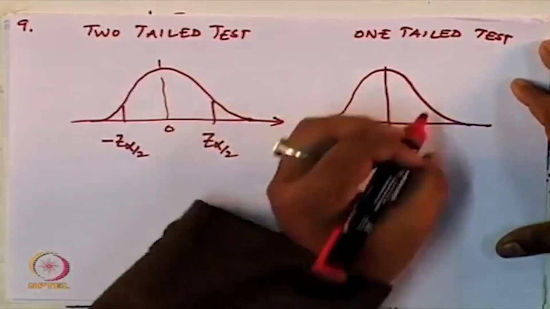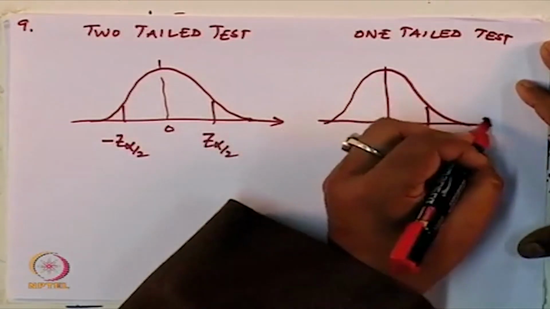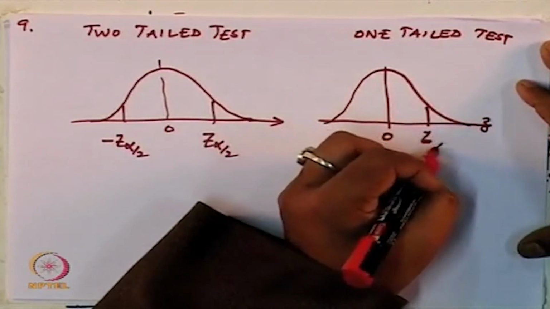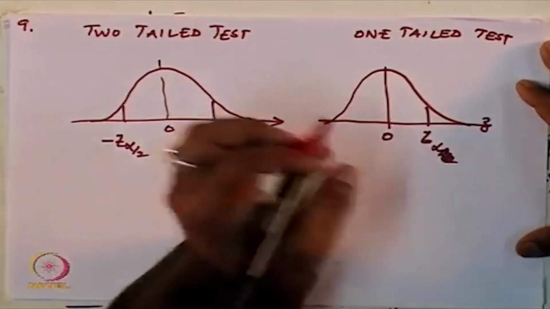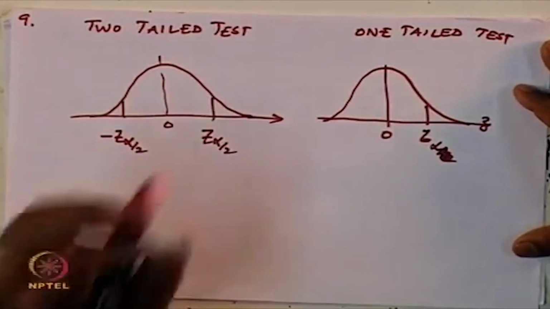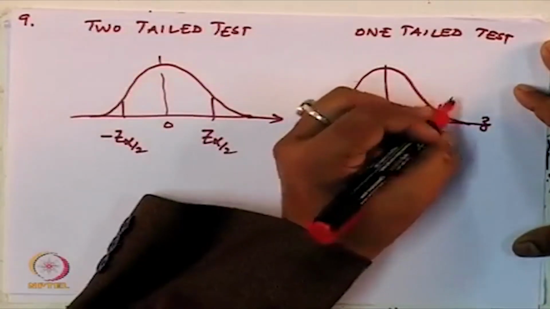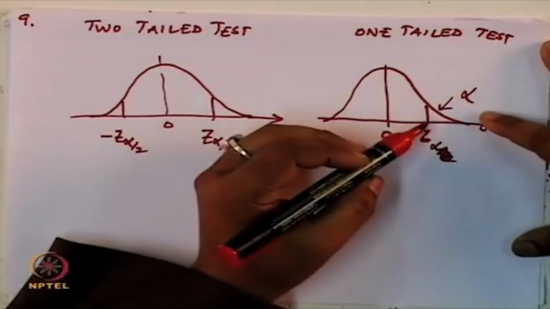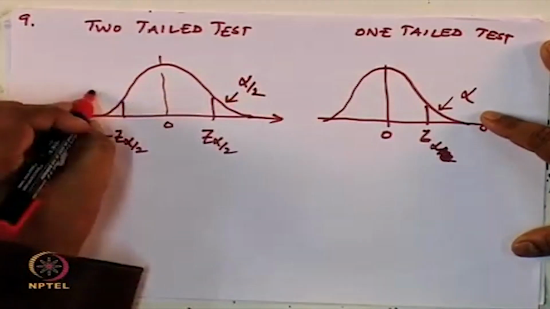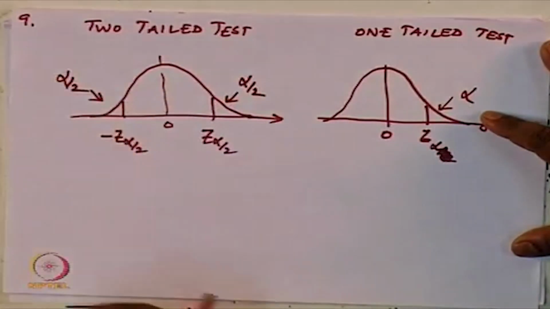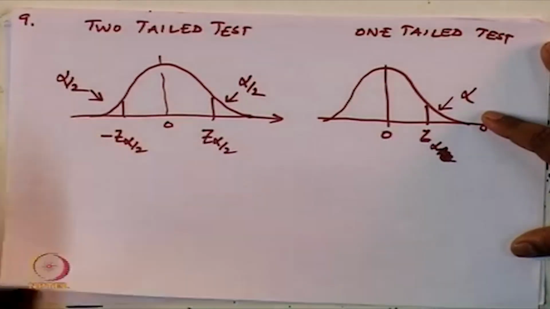I can just write alpha. So, this area is alpha for a one-tailed test, and these two areas are alpha by 2 for the two-tailed test.